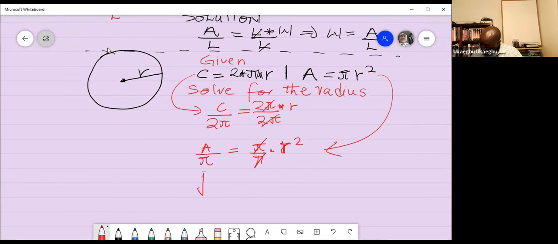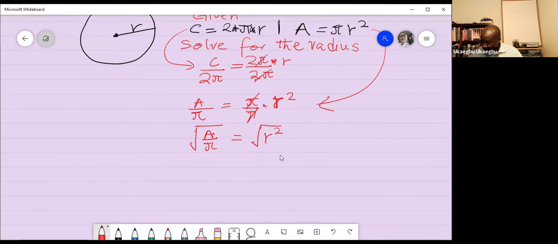So square root of A over pi equal to square root of radius squared. And once you do that, the radius squared will now become radius. And then the other side is going to be square root of A over pi. And that becomes your solution.